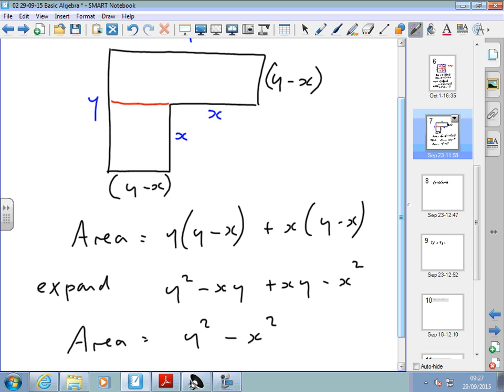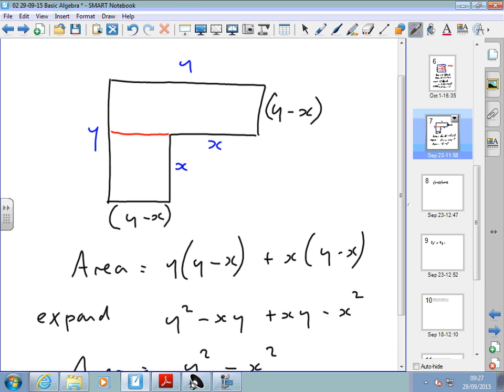Yes, away from, exactly right. Look at this, y times y. So if I drew that whole square in, that would be y squared. Now if I take away the area of the chunk that's missing, the x squared, I've got the area of the thing, haven't I? So I could have done it that way.